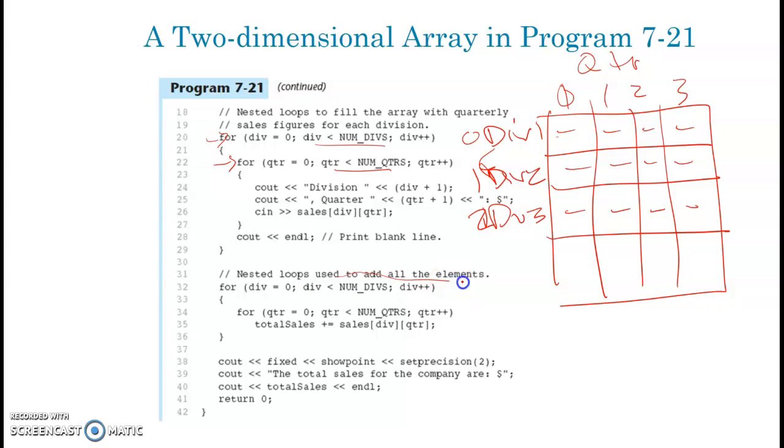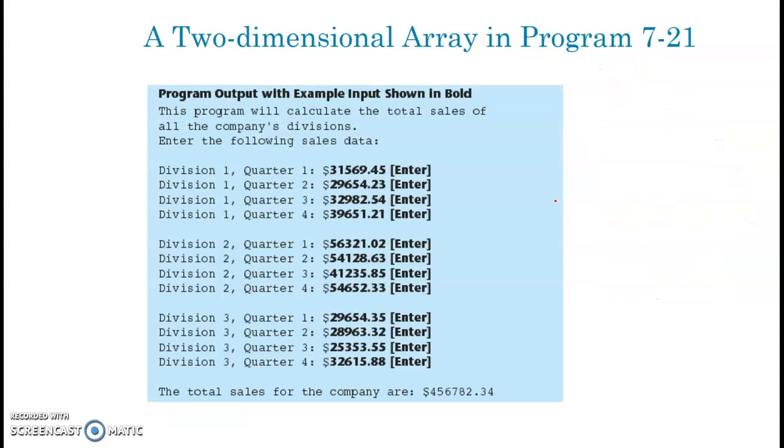This is a nested loop that's going to add all the elements in the array. And so again, they're going to find total sales for the entire array. So this one is going to go through and take each division and sum all of them in a column or row major process. So it's going to sum all of them for division 1. Then it will fail the loop and move on to division 2, and sum all the ones there on top of division 1, then process through division 3, and so on.